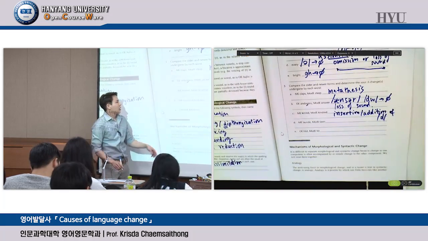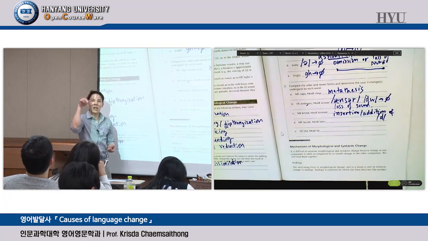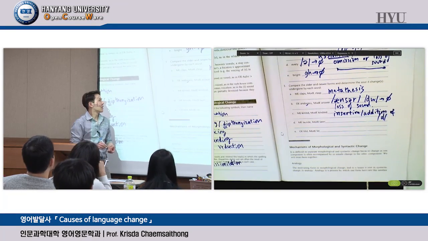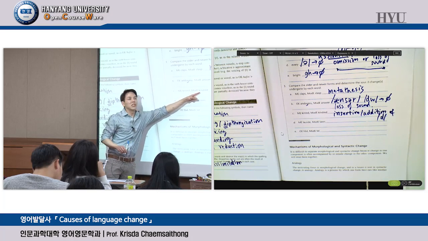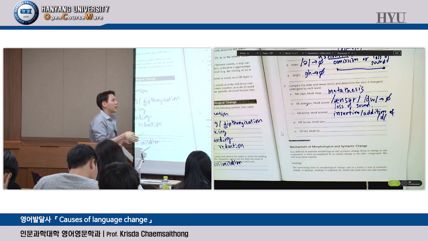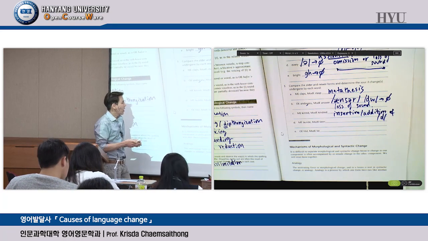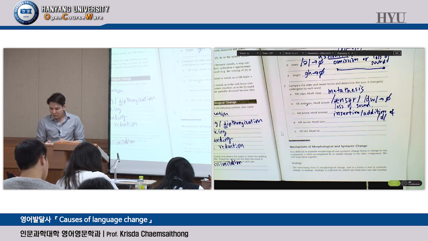Because the N is an alveolar sound, right? So you can insert an alveolar sound, which is a D, right? Kindred and kindred. So it's easier to pronounce because you have a break and a resting place for the tongue in the alveolar ridge area.